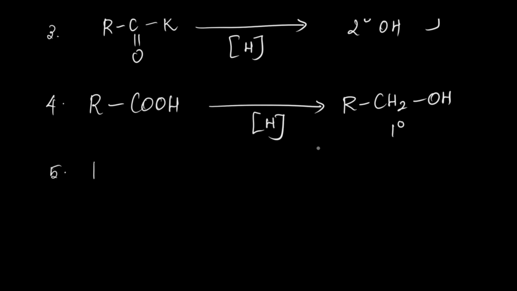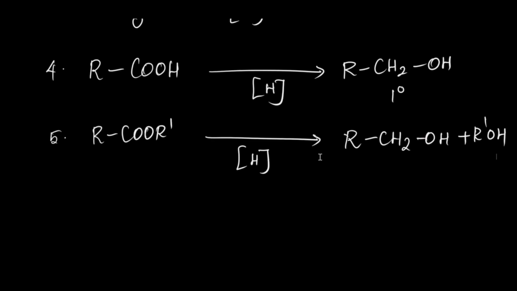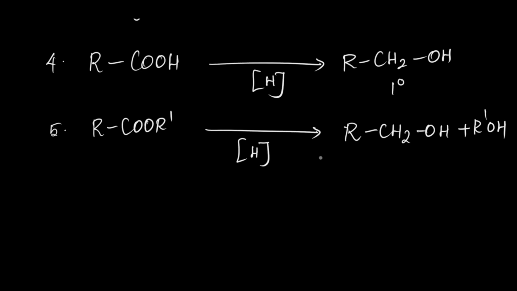Similarly, if I am reducing COOR', which is ester, that will give you CH2OH. Along with that, another R group will lead to give you an alcohol. So this is important, how ester is giving two different types of alcohols.